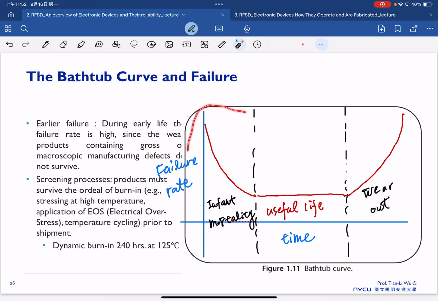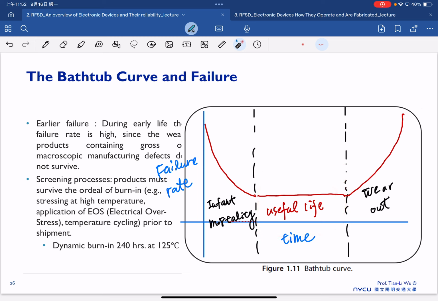So in the early time the product probably has a lot of defects or malfunction issues, so the early failure rate is higher. And then we always hope our product can be used in the useful life region, because it's a pretty long time that our product is pretty stable with a low failure rate.